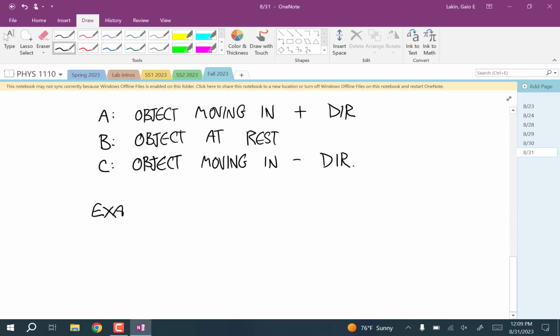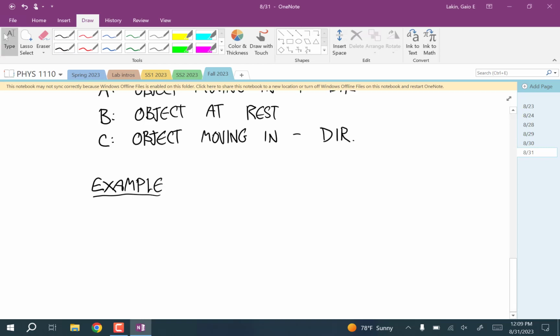Okay, let me do an example problem where we connect mathematically what the graph tells us to physically what's happening based on our choices of positive and negative. So let's say that our position versus time graph looks like that.